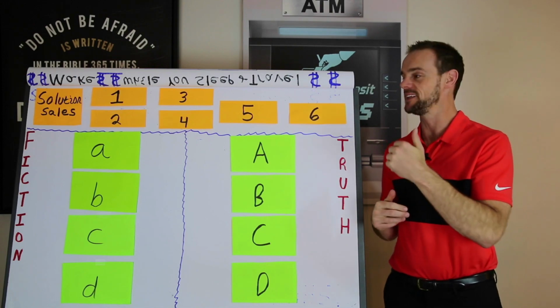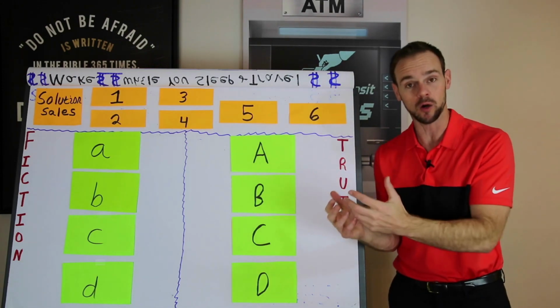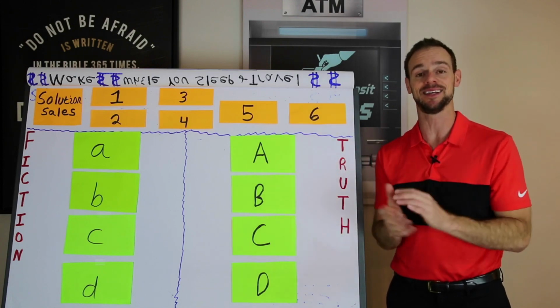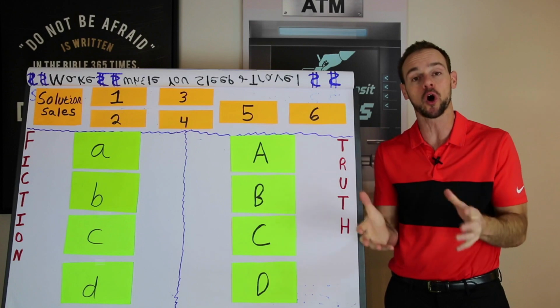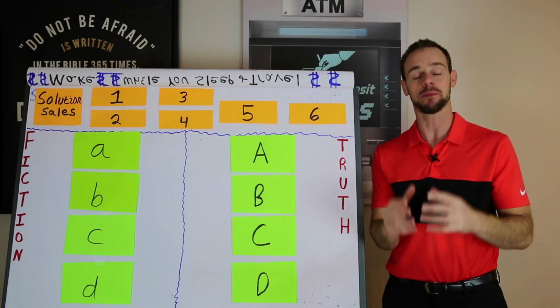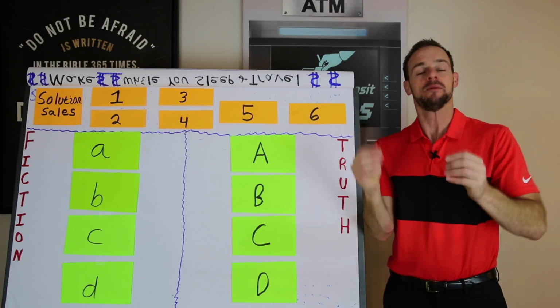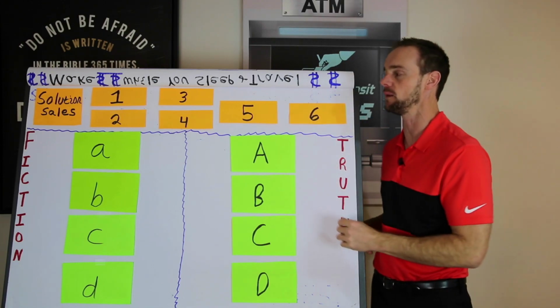So you want to start sending follow-ups that point them back to this solution sales video, because the gold, the helpfulness, is in the follow-up. Imprint that on your mind. That's where you will make your income, is in the follow-up.